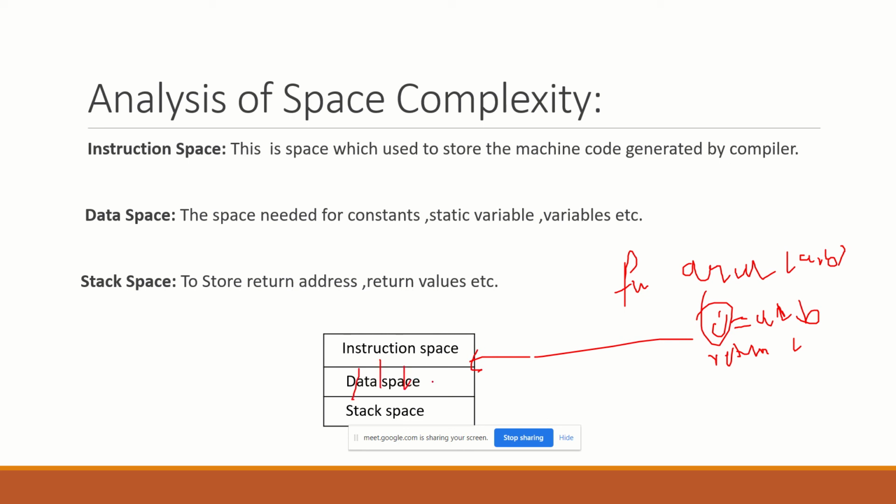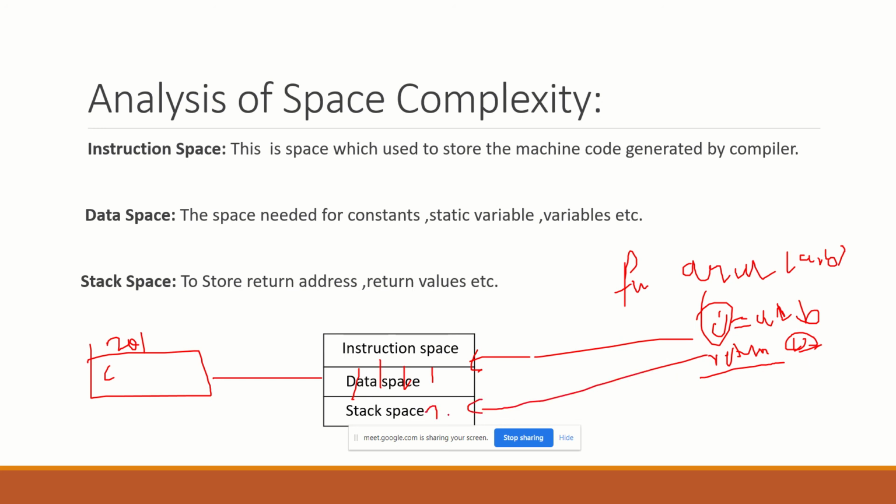Where is it stored? It is stored in the data space. Somewhere its address is, assume that c's address is 201. Now c is a variable stored in the data space. Now it is returning c. It is not returning c, it is returning the address. Where is the return address stored? It is stored in the stack space. To store the return address or return values, we use the stack space.